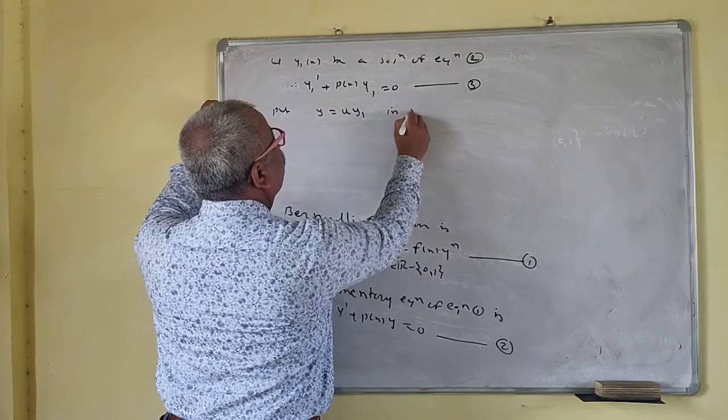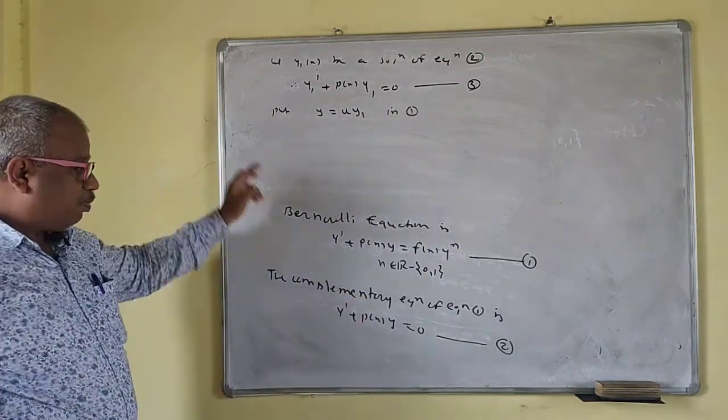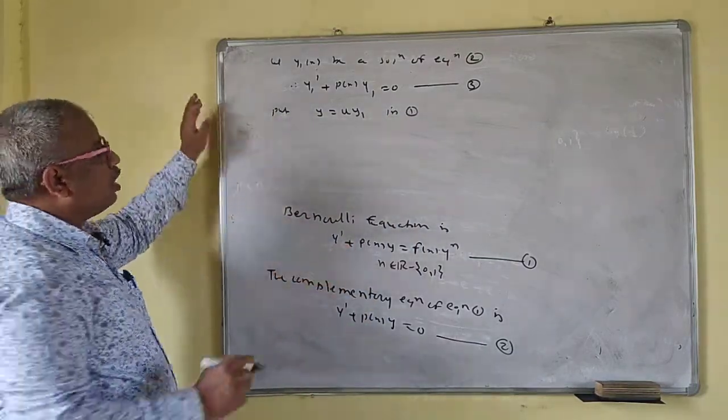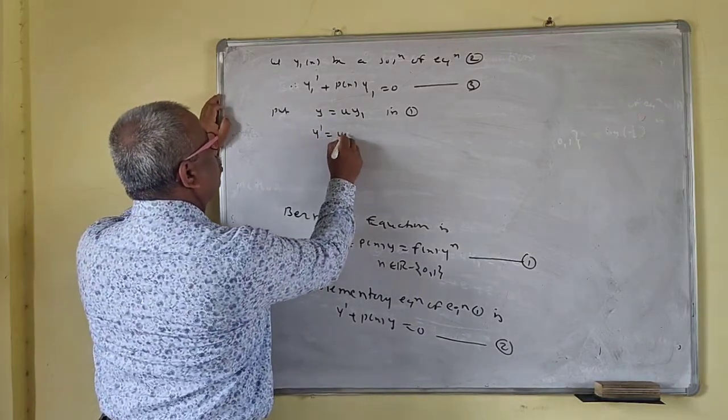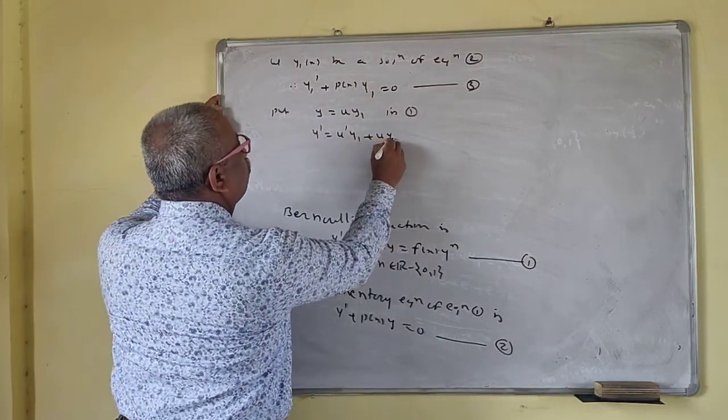So we have to find y prime: y prime is equal to u prime y1 plus u y1 prime.